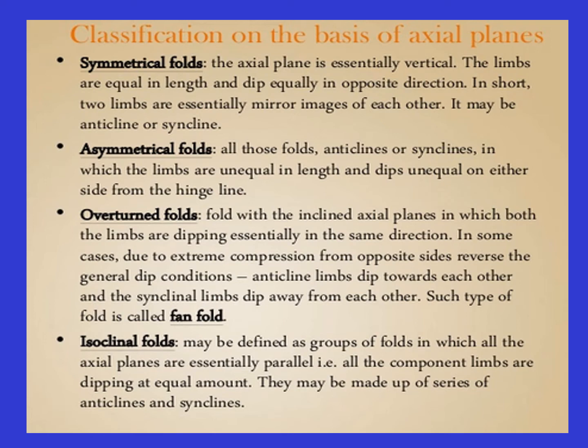Such type of folds is called fan folds. Then isoclinal folds may be defined as groups of folds in which all the axial planes are essentially parallel. All the component limbs are dipping at an equal amount. They may be made of a series of anticlines and synclines.